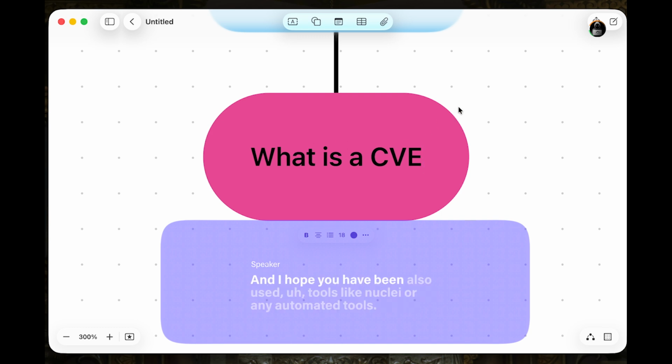I hope you have also used tools like Nuclei or other automated tools that find vulnerabilities. They actually work on CVE IDs, and they track the vulnerability with the help of those IDs. In simple words, a CVE means the issue is real, verified, and officially documented, not just a claim.